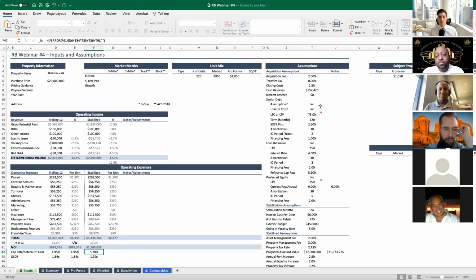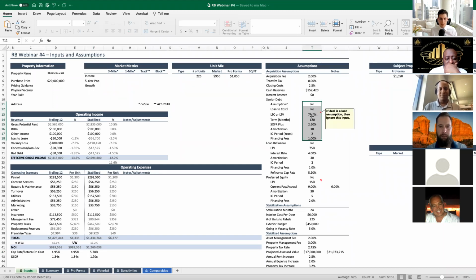That sets the stage. Now, the focus today is the debt side. Today, there are some interesting things, as always, happening in the debt market. What we have modeled here is pretty much a Freddie Mac floating rate loan, which is our go-to stabilized debt assumption. So we've got a 75% loan to value loan.